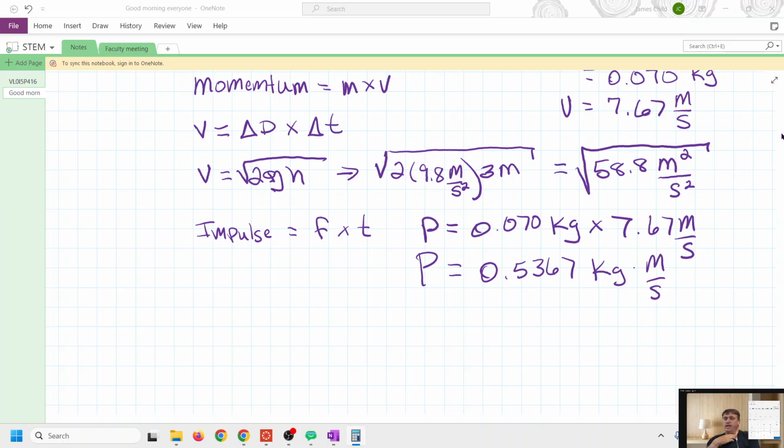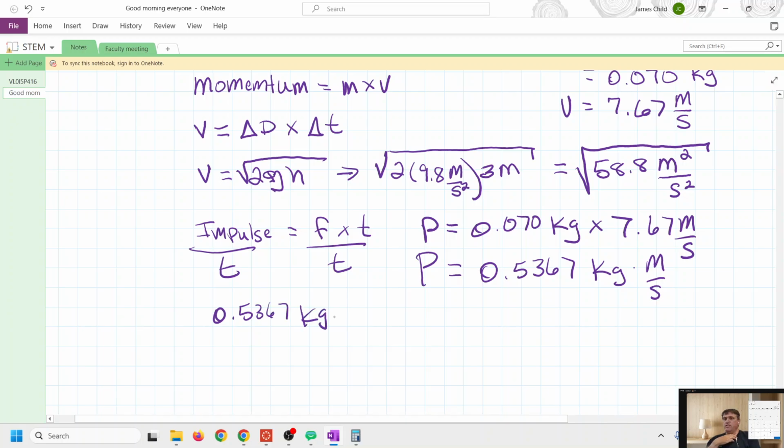So I want to find the force, so I'm going to divide both sides by time. I'm going to say 0.5367 kilograms times meters per second divided by time.